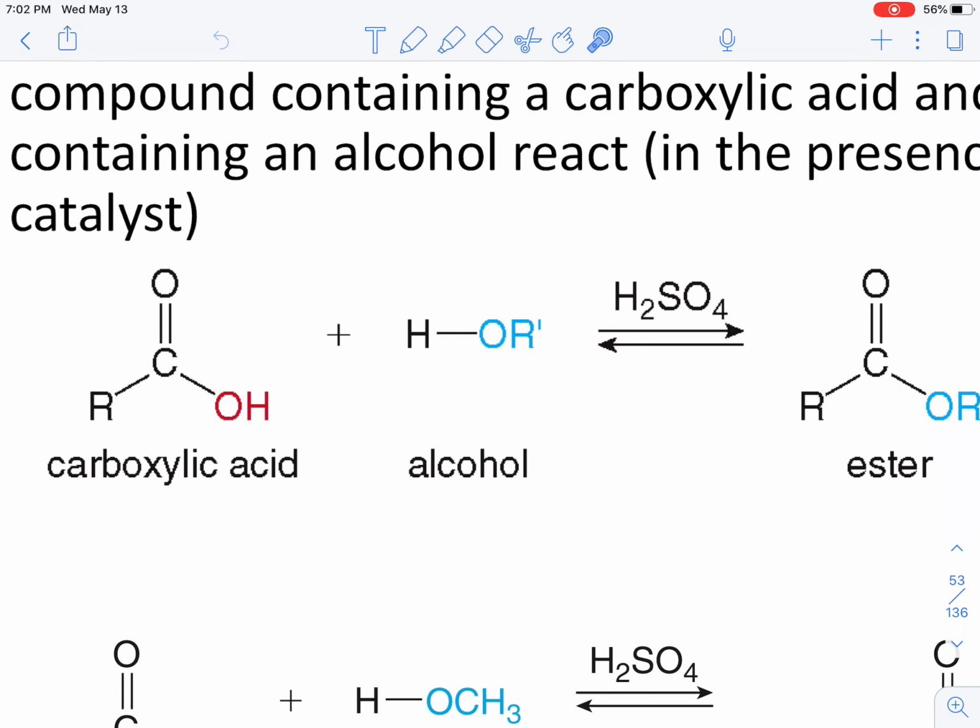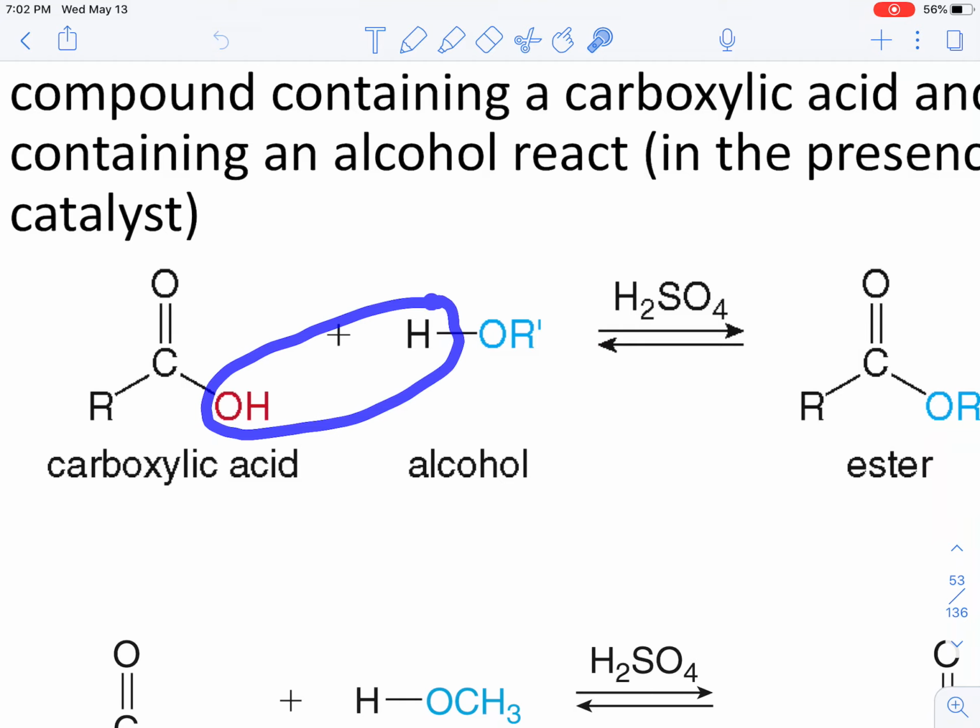In the presence of this sulfuric acid catalyst, or just a strong acid that will act as a catalyst, the hydroxyl group of the carboxylic acid and the hydrogen in the hydroxyl group of the alcohol are going to combine together to form water. And so, in a sense, we can think about this as a dehydration reaction.